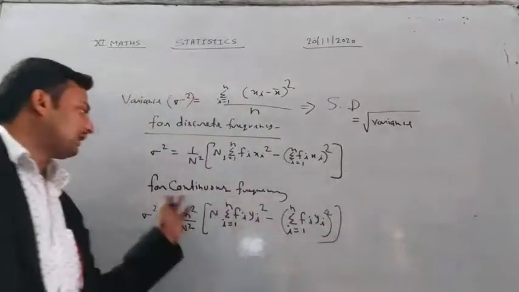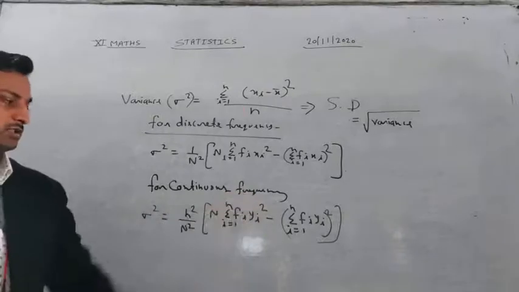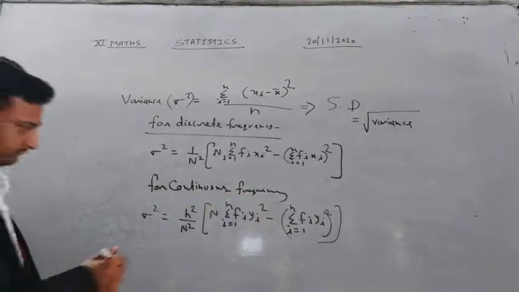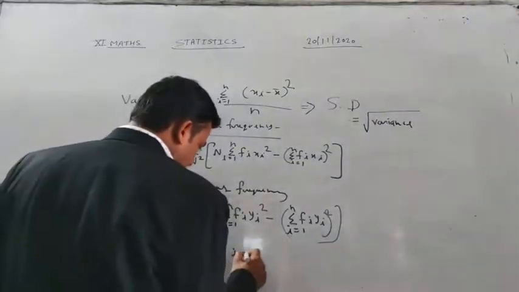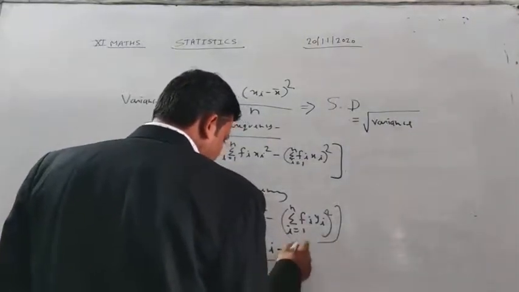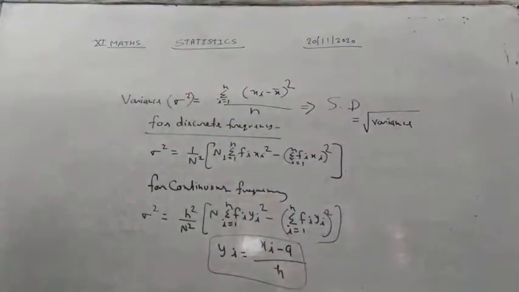This is the formula of finding variance for the continuous frequency, where yi is equal to (xi minus a) by h. This is our formula.